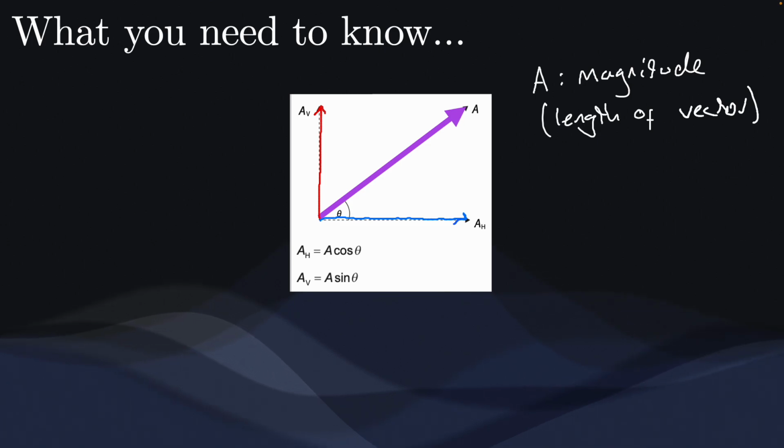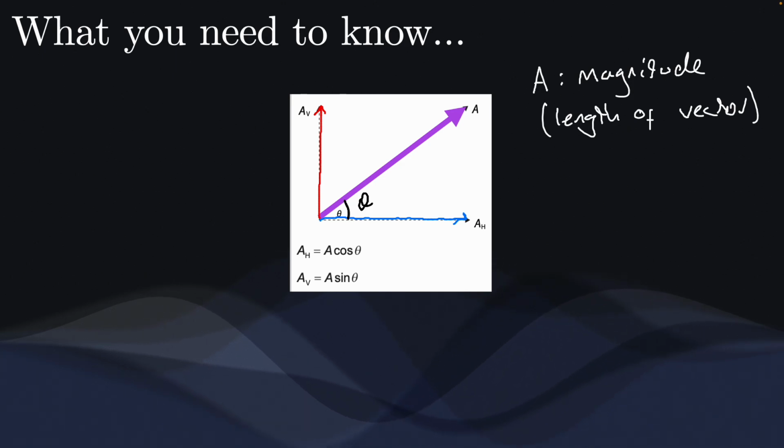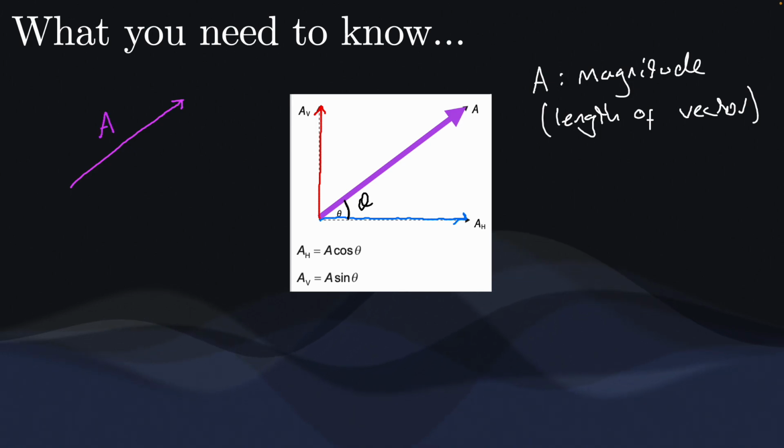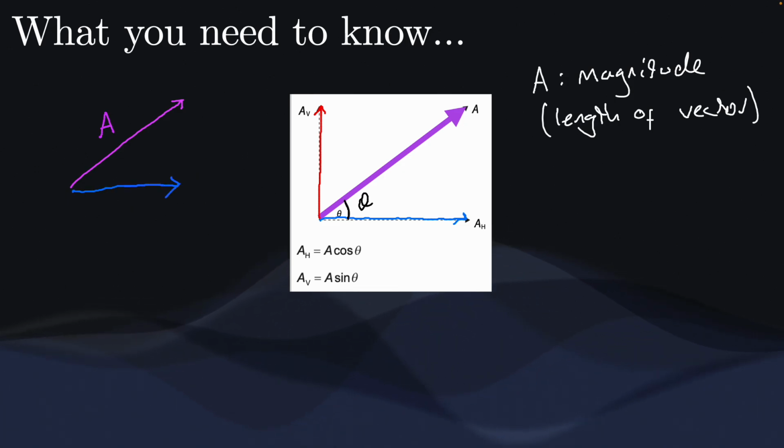But how do we calculate that? Well, they give us these equations right here, and I'm going to go over their derivations because it's really important to know, and it's super, super simple, because it is really just right-angle trigonometry. If we have our vector arrow like this, the magnitude, the length of this arrow, is A. Then we have its horizontal component, an arrow like that, and a vertical component like that.